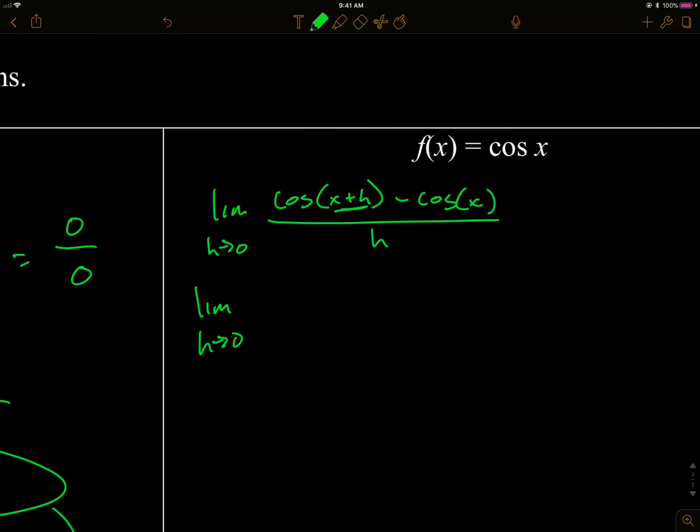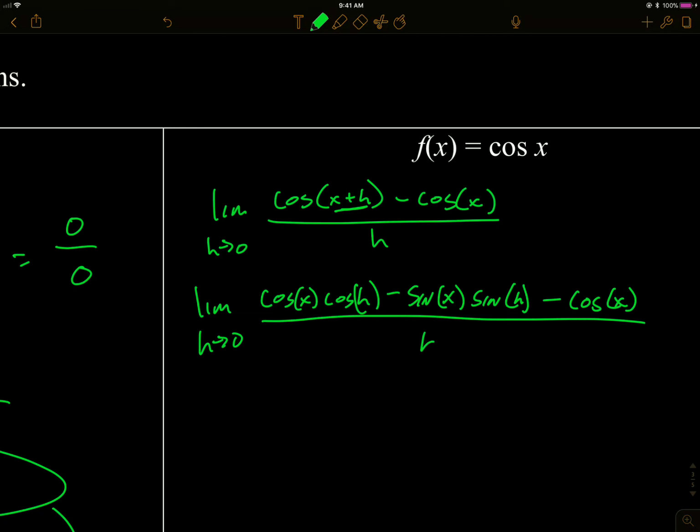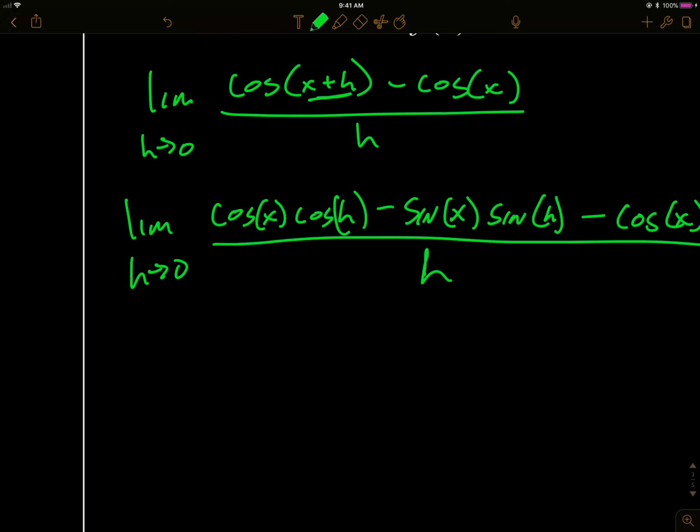So it's going to be the limit of cosine of x, cosine of h, minus sine of x times the sine of h minus cosine of x. Now it's a similar thing. I'm not going to go through every single step.